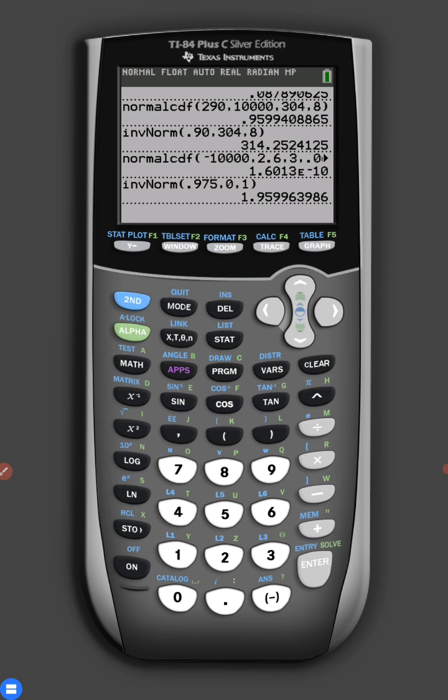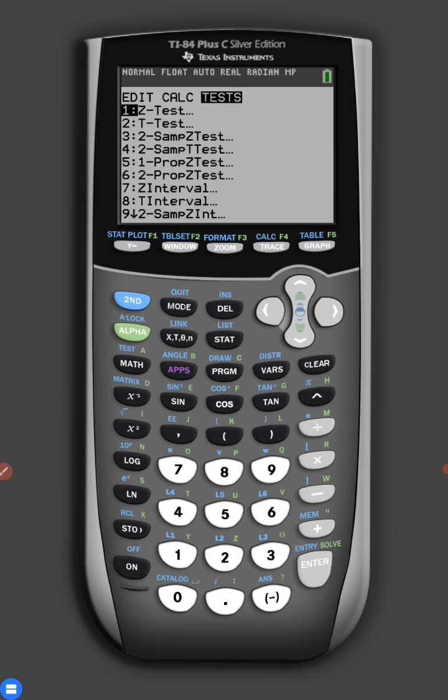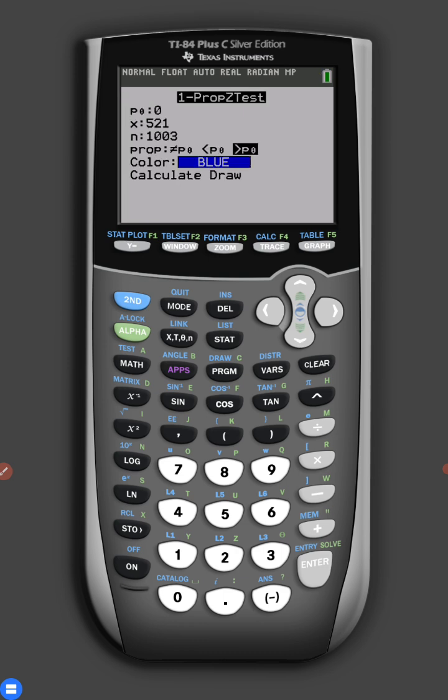Okay? So, once again, we are going to go to our stat menu, and we are going to go over to test, and because this is a proportion, we are going down to option 5, which says 1 proportion z-test. So how do I enter this in?